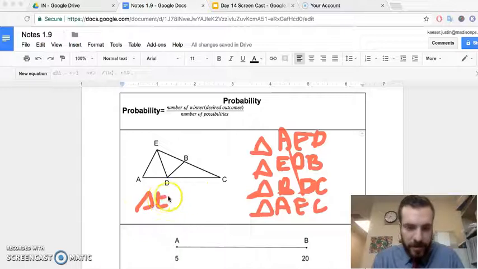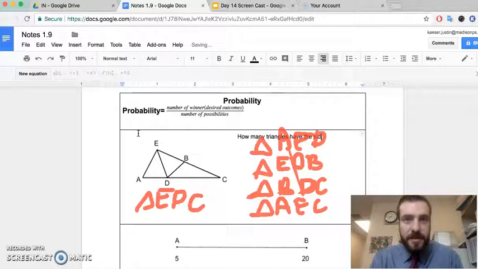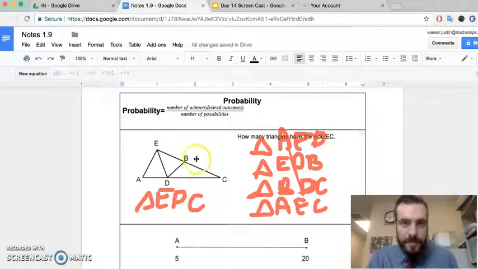And you're probably wondering why we wanted to list all the triangles. Well, what we want to know is how many triangles have the side EC. Looking at the triangles that we listed, triangle AED does not have EC.